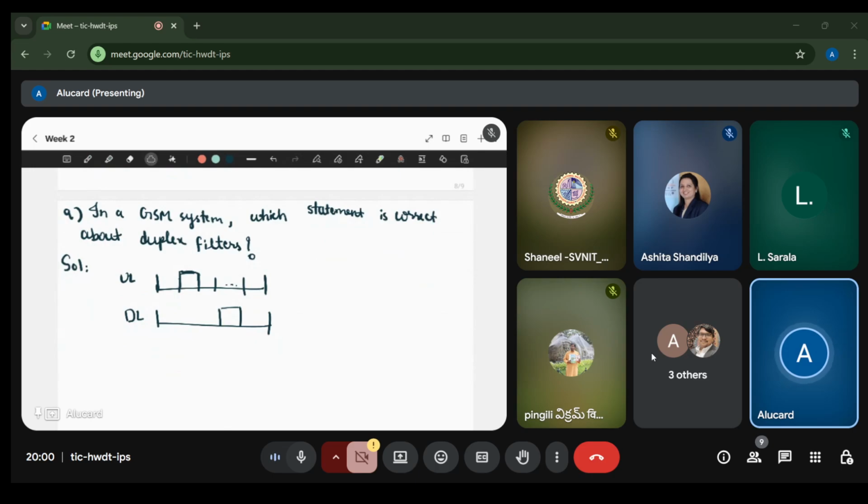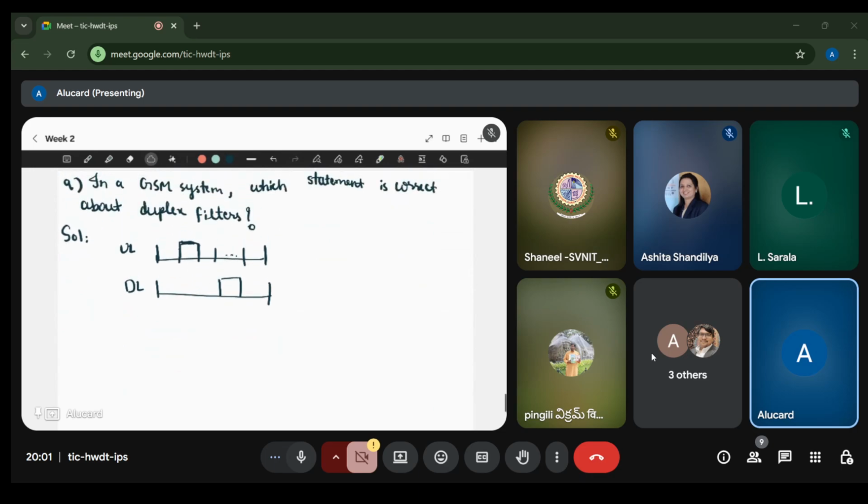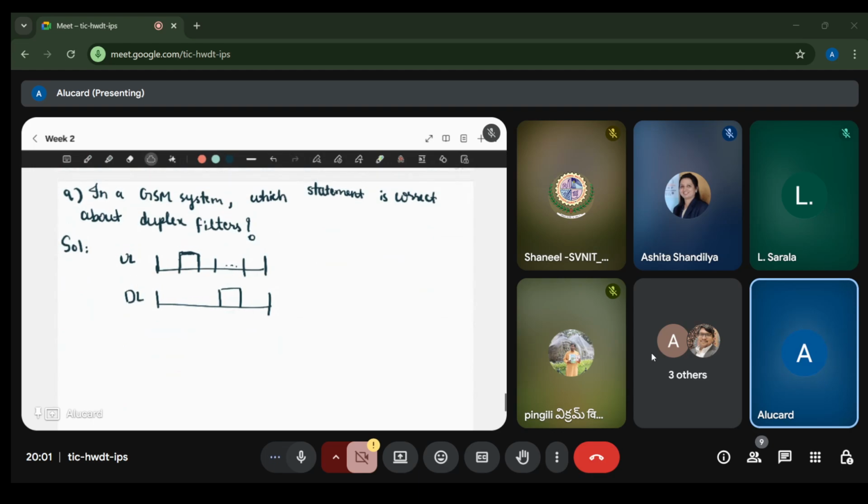So if they're happening in different time slots, do you need a duplex filter or do you not need a duplex filter? Will that change anything? And depending on that, you can choose your option.